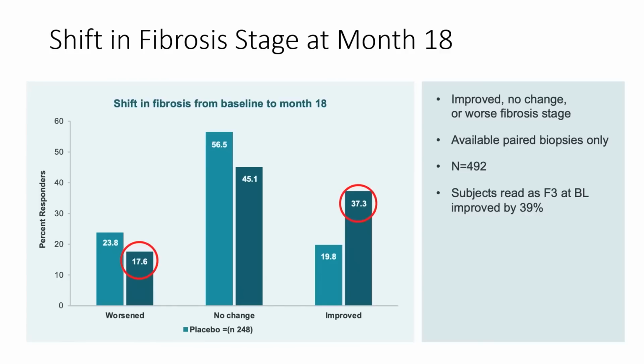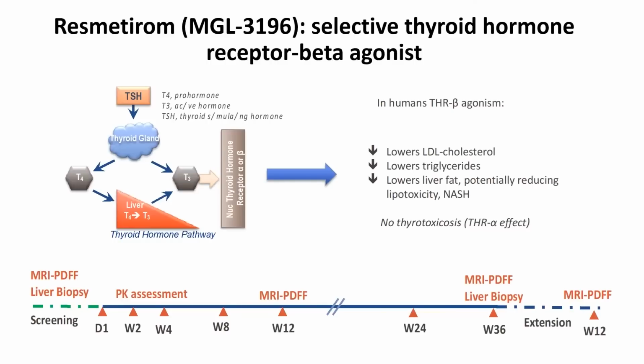Because we know not everyone is going to have improvement in fibrosis, and unfortunately, some patients will progress and go from, let's say, F2 to F3. So this is also encouraging, and it looks like actually the drug is even more effective in patients with F3 fibrosis than F2.